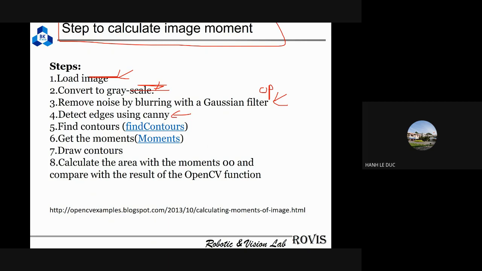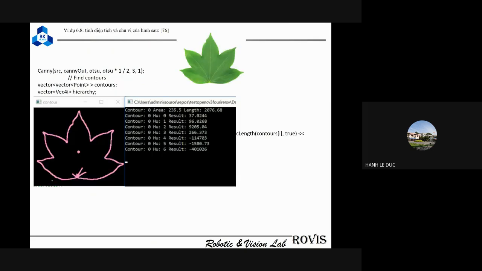And then you use the find contour function. And then you use the moments function. And then you can draw the contour. And then you can calculate the area and the angle.